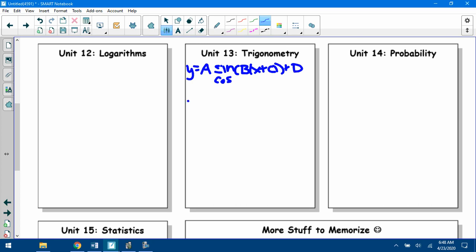A is how to find amplitude, the absolute value of A, and it's also max minus min divided by 2.